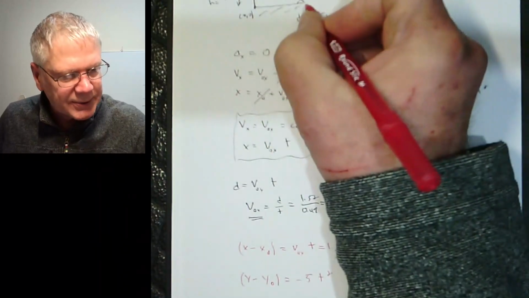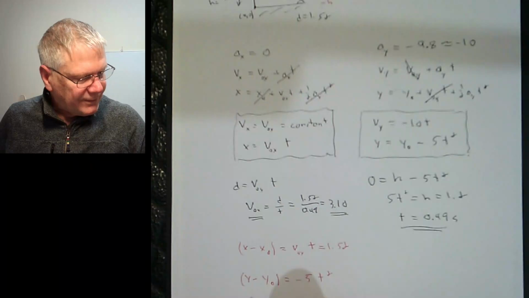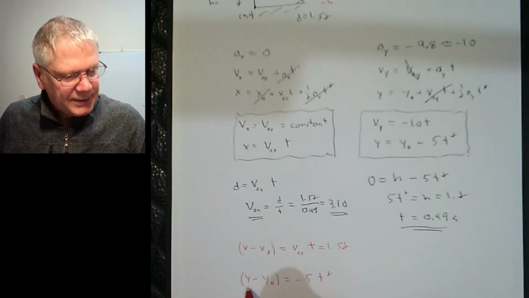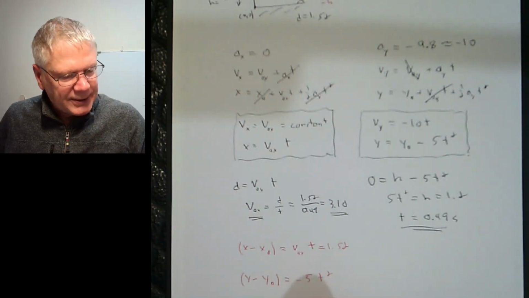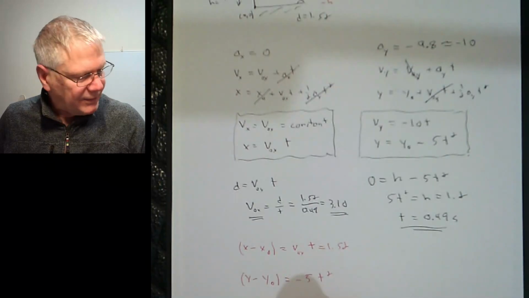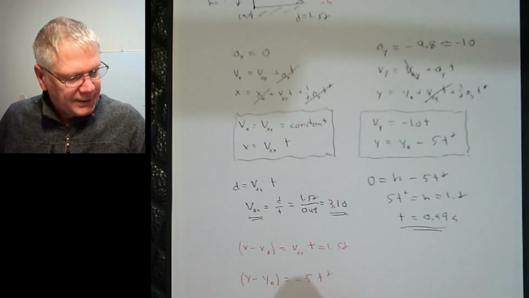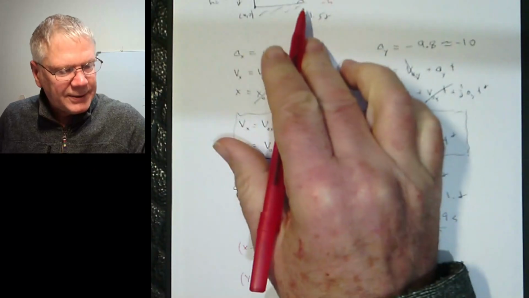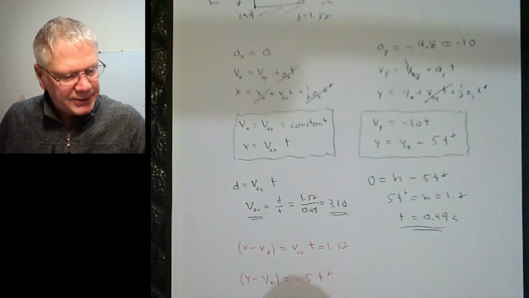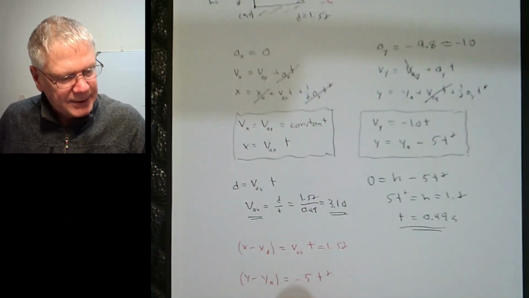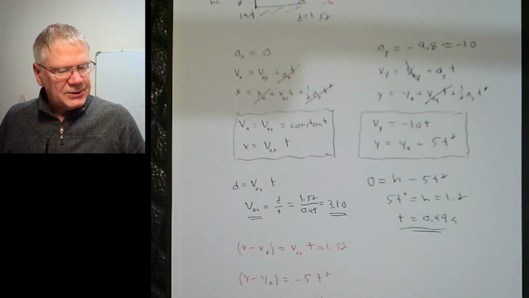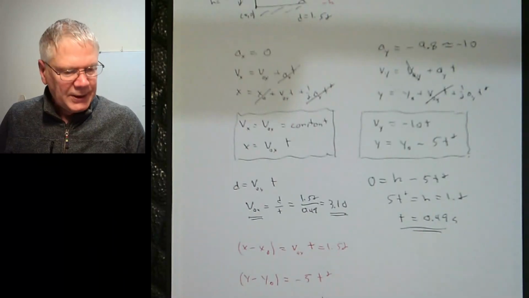Now y is equal to minus h, right? So y0 now is 0. And y final over here is minus 1.2. So I get the same solution that I had up here.